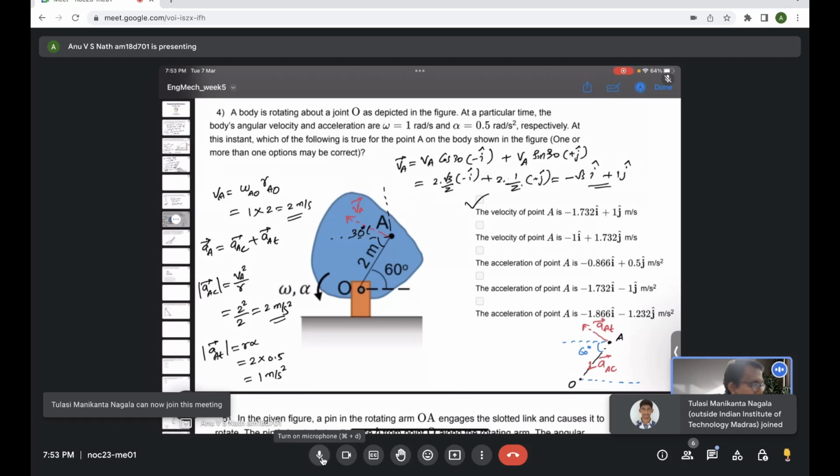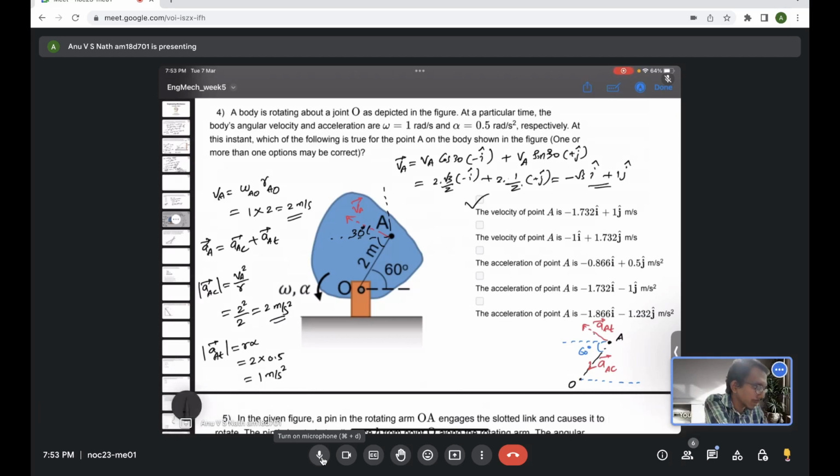Now for acceleration, if you come here, again this is 30 degree and that is 60 degree. You can write acceleration, the centrifugal acceleration, is whatever its magnitude times cos 60 in the horizontal direction, but it's in the negative i direction.